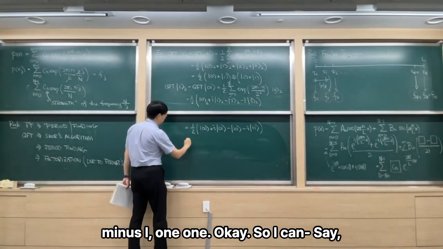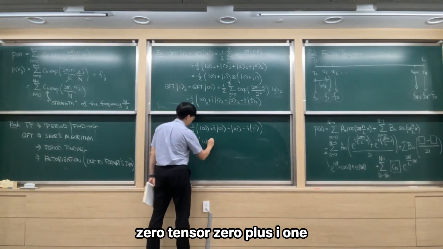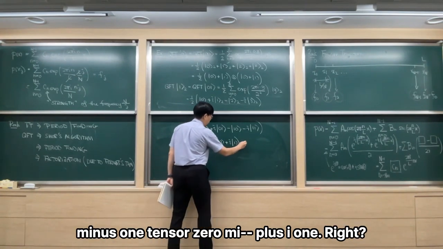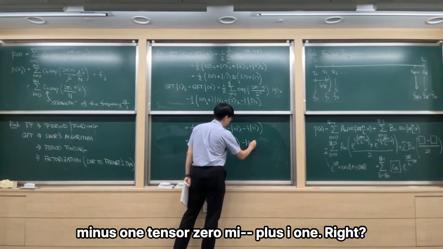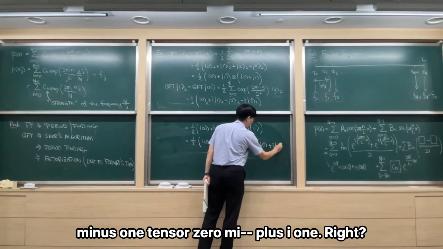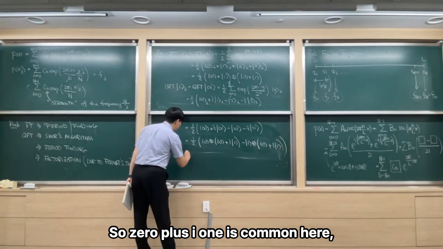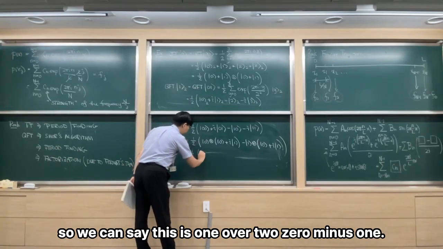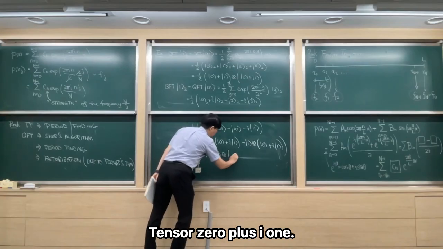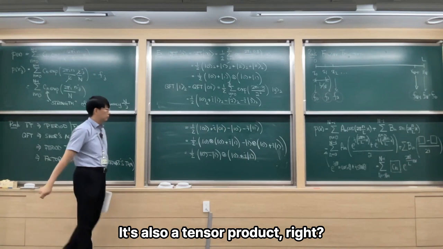Okay, so I can say 0 tensor 0 plus i1, minus 1 tensor 0 plus i1. So 0 plus i1 is common here. So we can say this is 1 over 2, 0 minus 1, tensor 0 plus i1. It's also a tensor product, right?